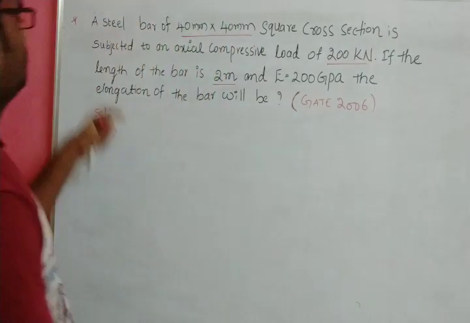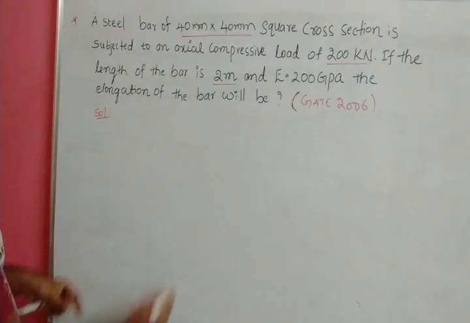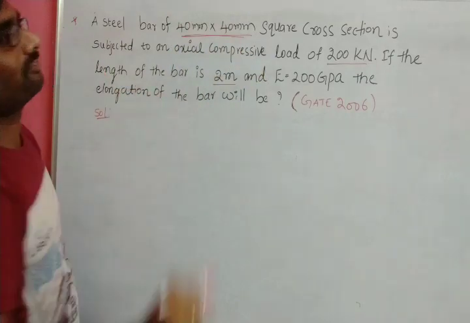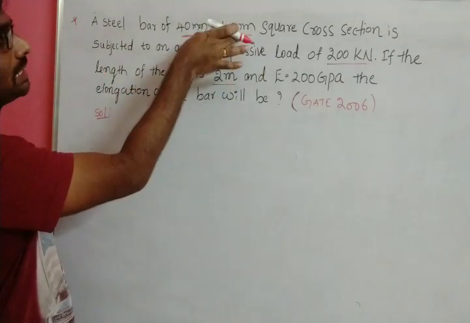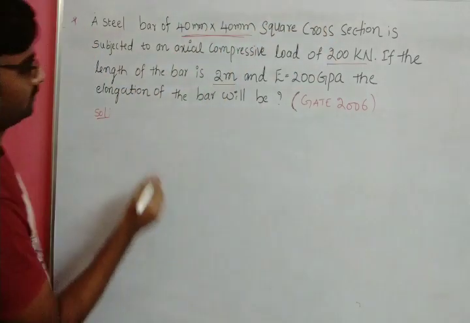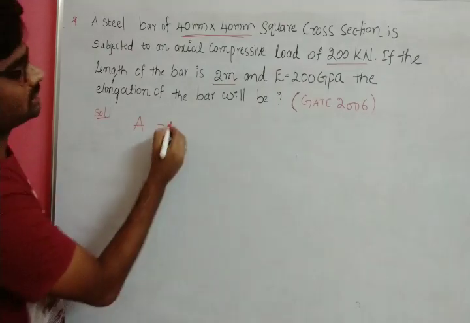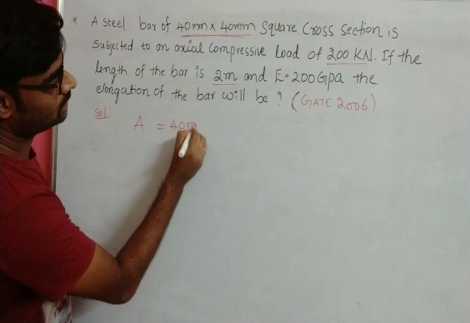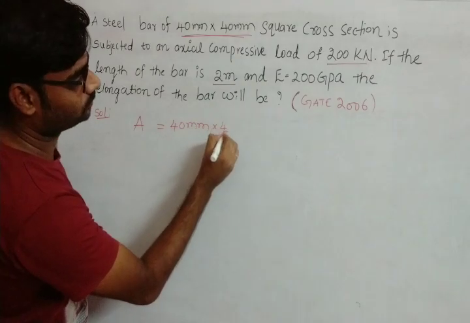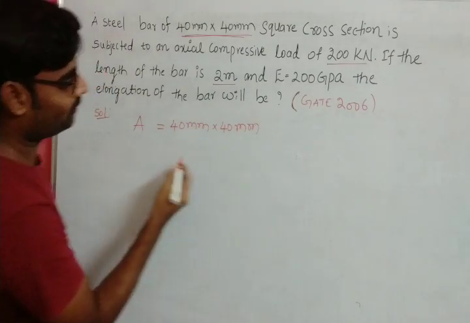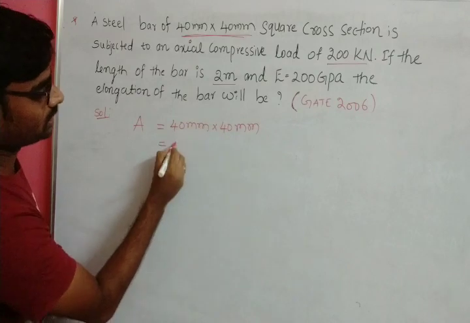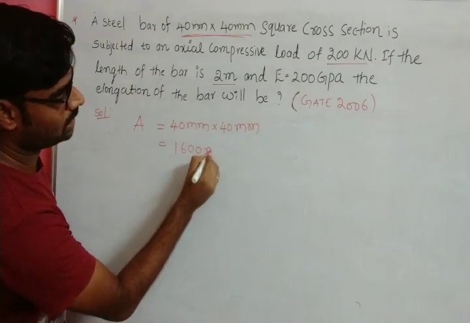Then what are the given in the question? 40 by 40, this is the area of the square section. 40 into 40, then 1600 mm square.